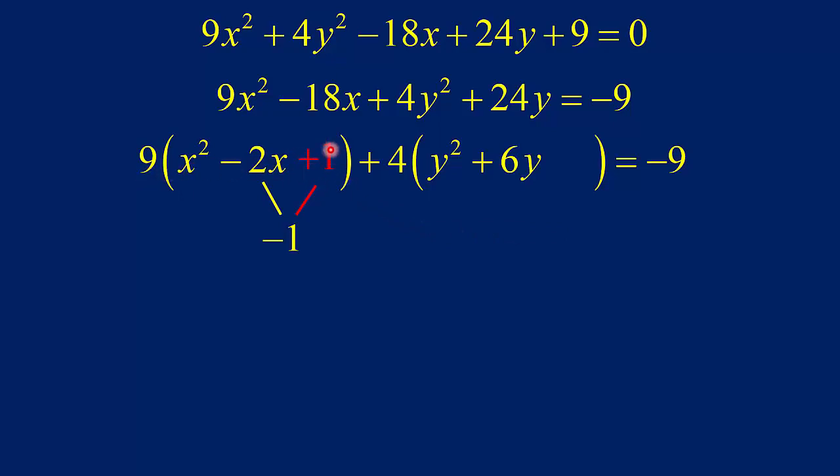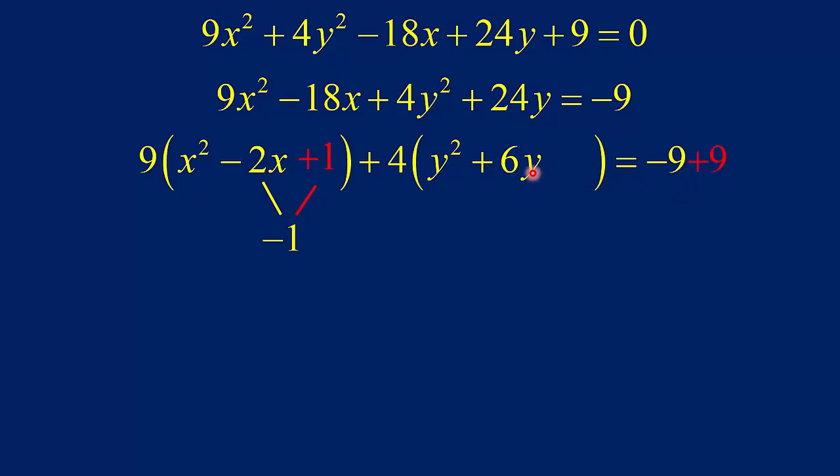I added a 1 here, but there's a 9 out front. So what I have done in effect is I've added a 9 to this side. Since I've added a 9 to this side, I need to add a 9 to the other side. Now it's balanced. It was off balance there for a minute.